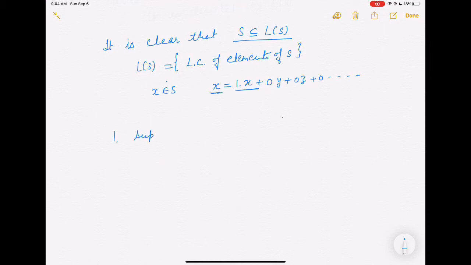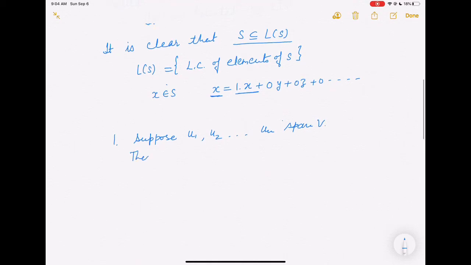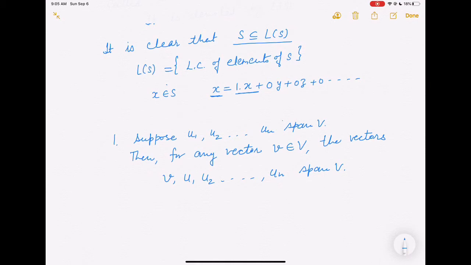First, suppose u1, u2, ..., un span V, then for any vector v in V, the vectors v, u1, u2, ..., un span V. That means if u1, u2, ..., un span V, and if we add one more vector v of the vector space V, then the whole set v, u1, u2, ..., un spans V.